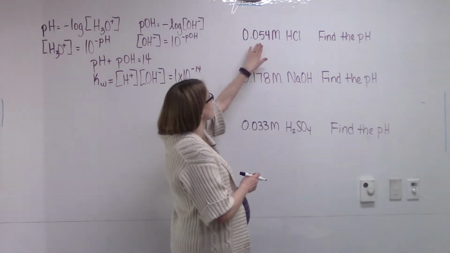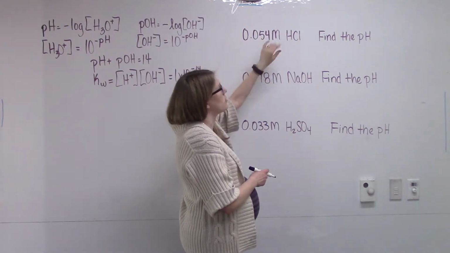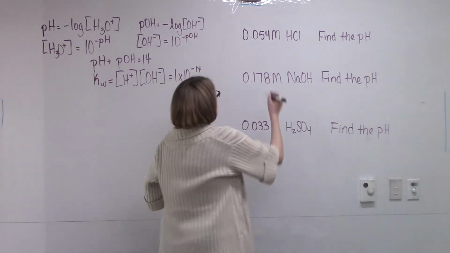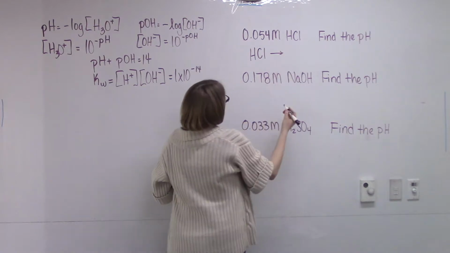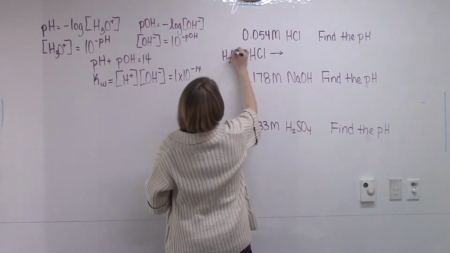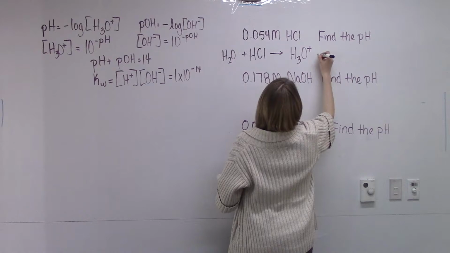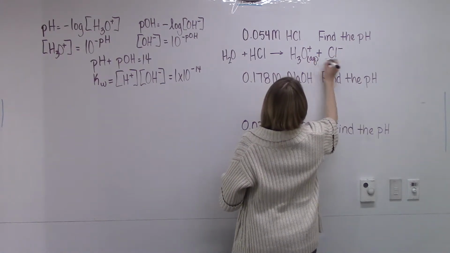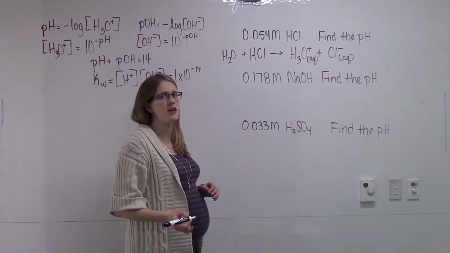Okay, so we have here the concentration of this acid, HCl, is 0.054 molar. HCl, hydrochloric acid, is a strong acid. What does that mean? It means that it completely dissociates in water to become, now we'll do the official hydronium solution, H3O plus plus Cl minus. Do you see here then? Let's look at the mole to mole ratio.